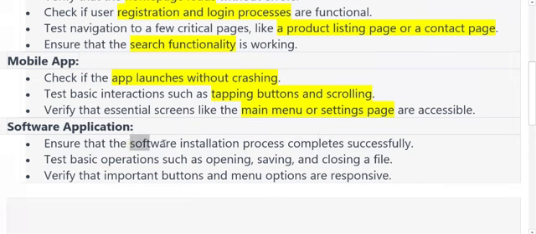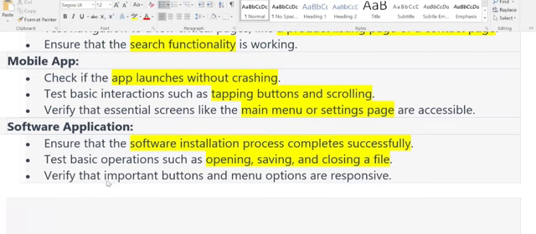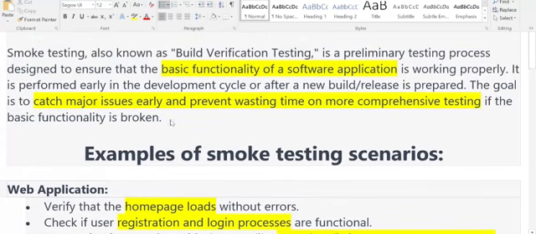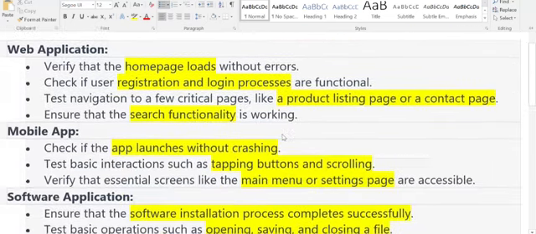We need to test that functionality. So in the third case, we need to check whether the buttons and main menus are properly responsive or not. So these are the 3 examples of smoke testing.